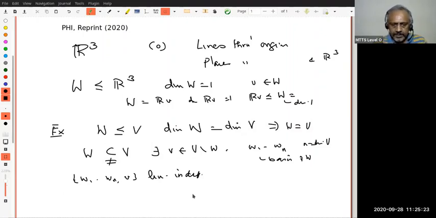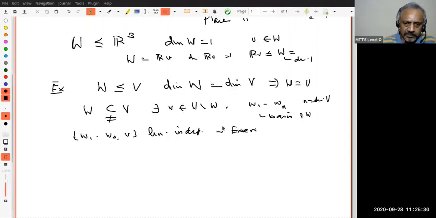I hope by now you should know how to do these things. Otherwise, I will be repeating what we did in the case of linear dependence and independence. It already motivates that v is not in the span of w1 to wn. Therefore, v must be linearly independent of w1 to wn, and w1 to wn is already linearly independent. Therefore, this will be linearly independent. Anyway, check it. Therefore, I have n plus 1 vectors which are linearly independent in an n-dimensional vector space.